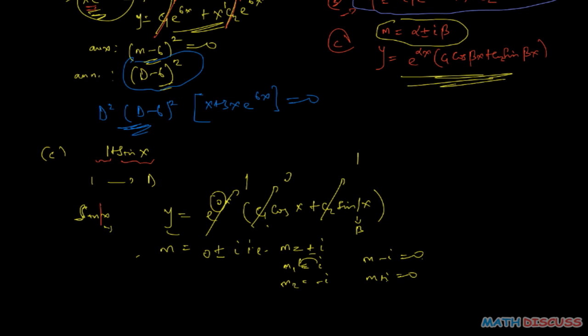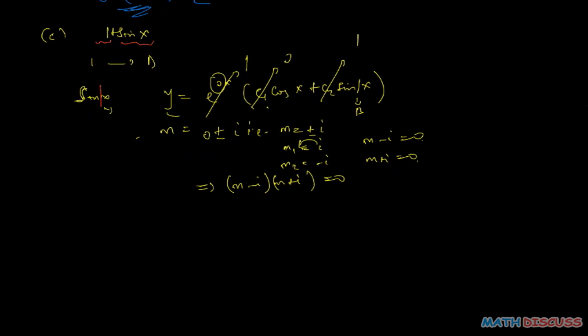Now if this equals 0 and this equals 0, it implies that when you multiply the two of them together, you should have 0. So m minus i times m plus i should give you 0. When you expand this all together, you're going to have m squared plus 1 equals 0. Now this is the auxiliary equation which we intend to find.